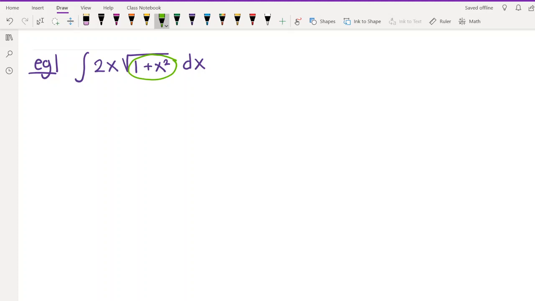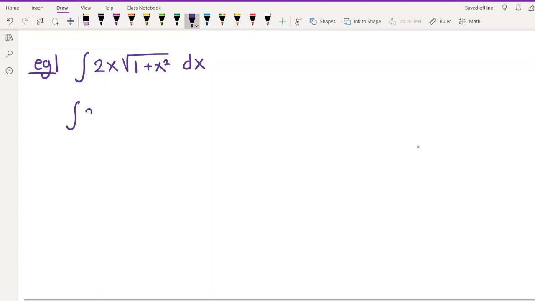Additionally, the derivative of 1 plus x squared is 2x. When you see a situation like that, with a more complicated input and additionally the derivative of that input, that should signal to you that this is going to be a substitution problem.